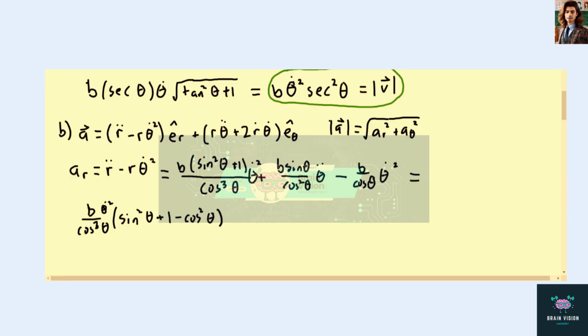And then that theta double dot term remains the same, b sine theta over cosine squared theta, theta double dot.